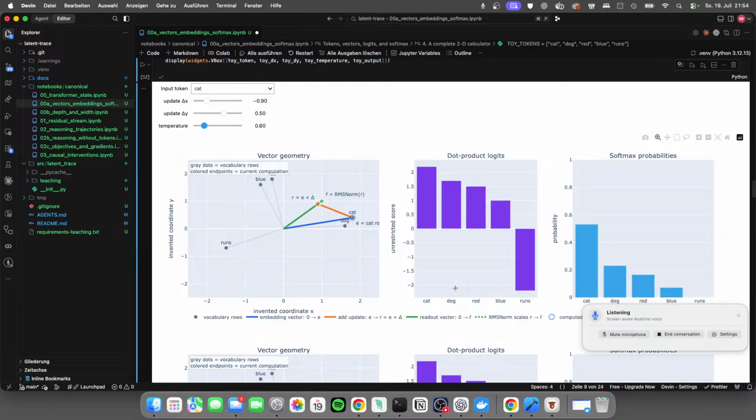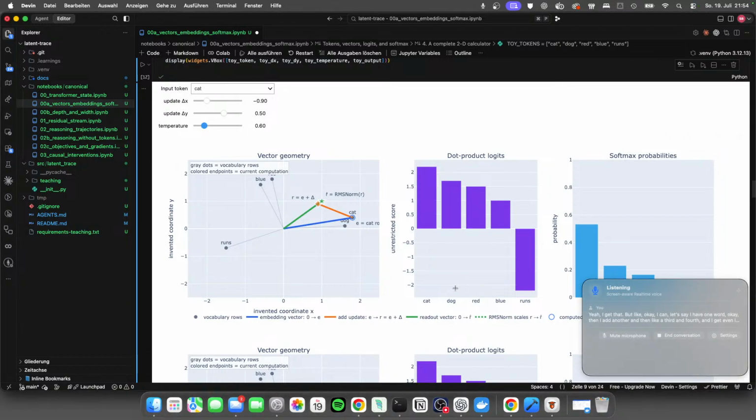I have one word, okay? Then I add another, and then a third and fourth, and I get even longer. And these are basically additional vectors, compared to my initial word vector only. So they let me navigate in latent space more granularly, with more control, to more detailed positions, if that makes sense. But what still gets fed into the model is that single state.